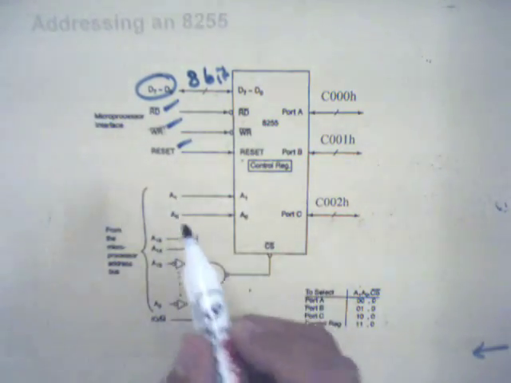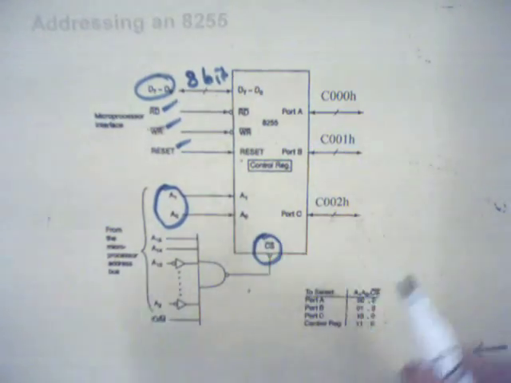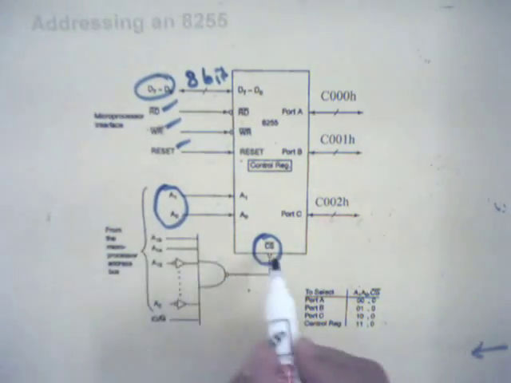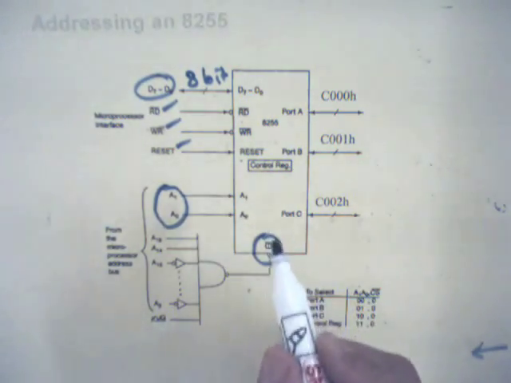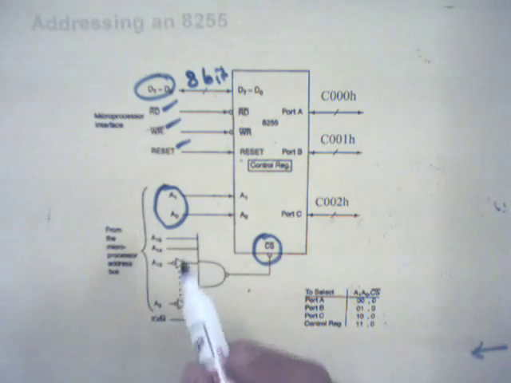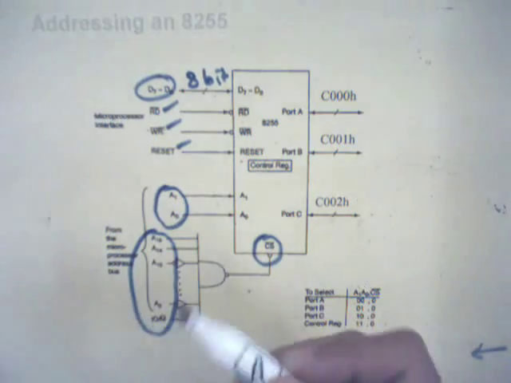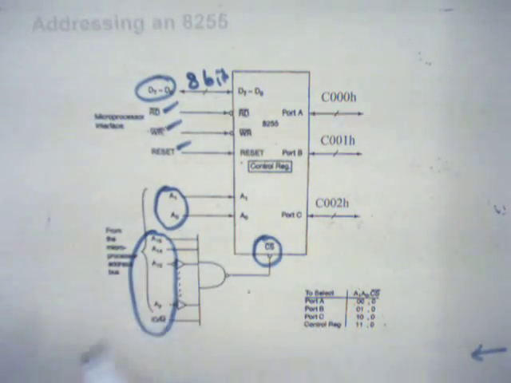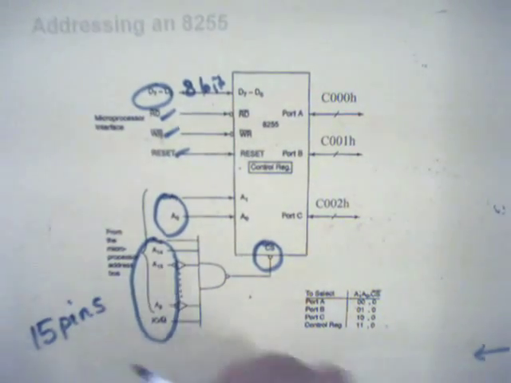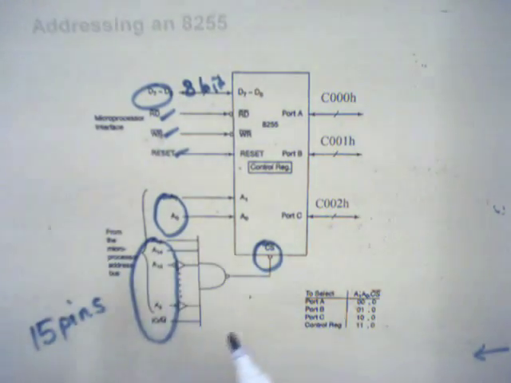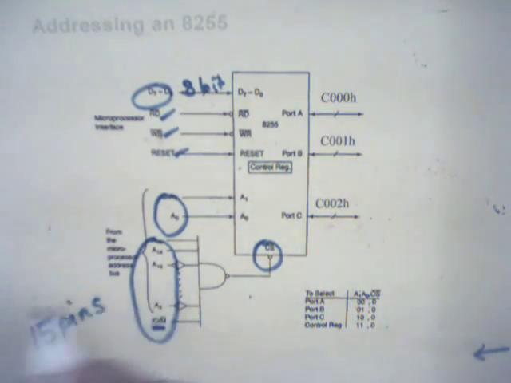Now as you see, these 3 pins are very effective in selecting this integrated circuit, and this chip select is activated by 15 pins. So there's a logic circuit here. The first input, coming from the microprocessor, is input output slash memory bar.